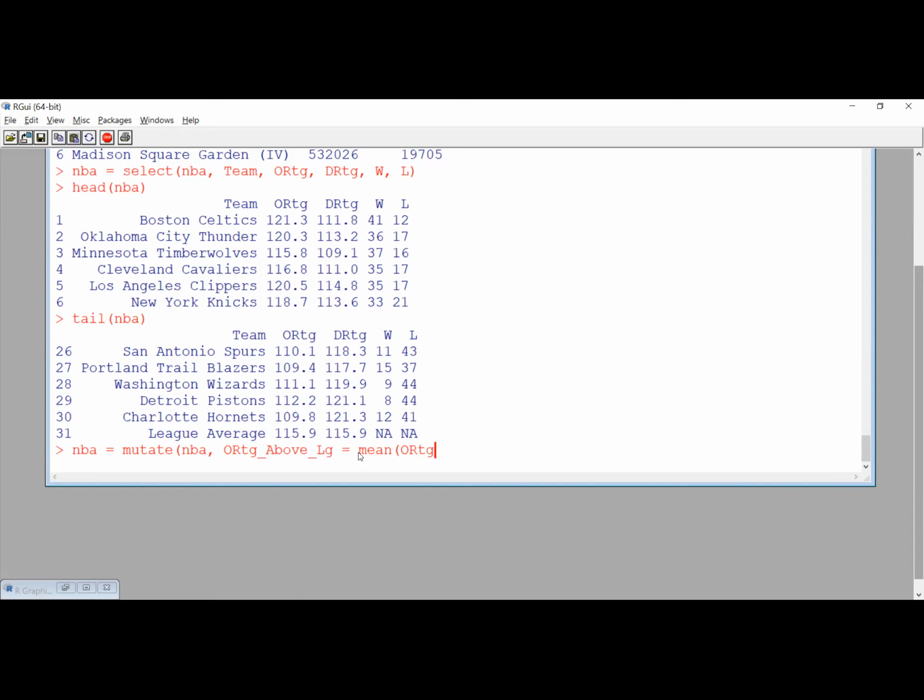That would also work. No, sorry, I gotta subtract it. ORTG minus mean ORTG. Okay, that's that. Now, I don't have to worry about rounding it because I'm not dividing. So it should keep its precision.